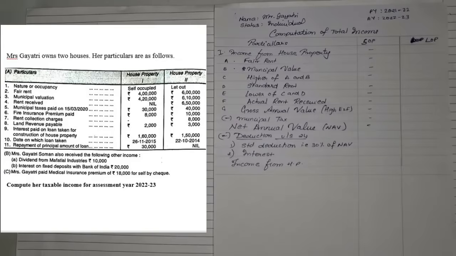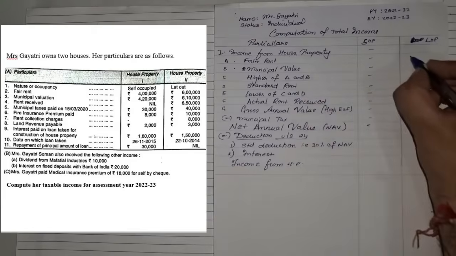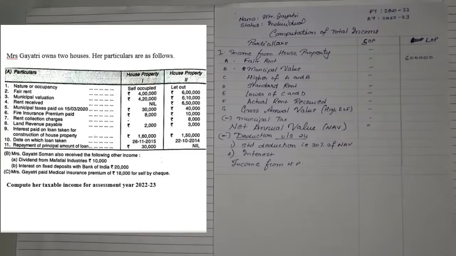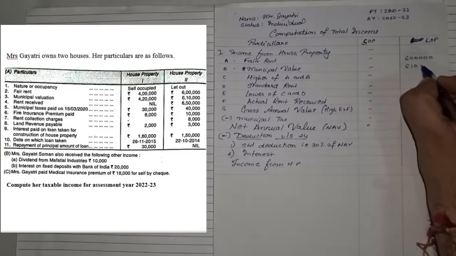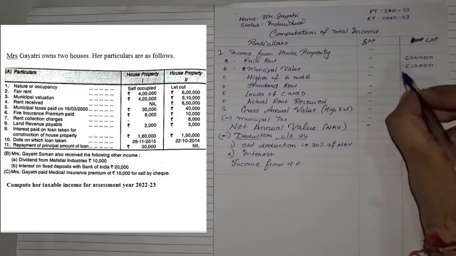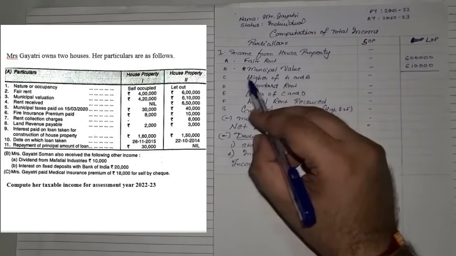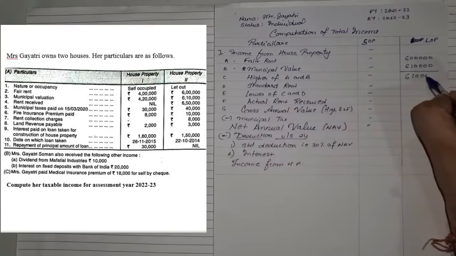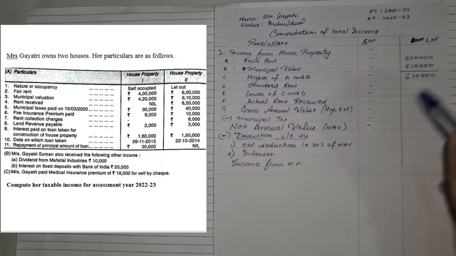Now for LOP we'll see what things have been given. The very first thing they have given you is fair rent, 6 lakhs. So we'll note that down. After that, they're giving you municipal valuation, 6 lakhs 10,000. Point C is the higher of A and B. The higher value among these two is 6 lakhs 10,000, so we'll note this down. Next is rent received, 6,50,000.